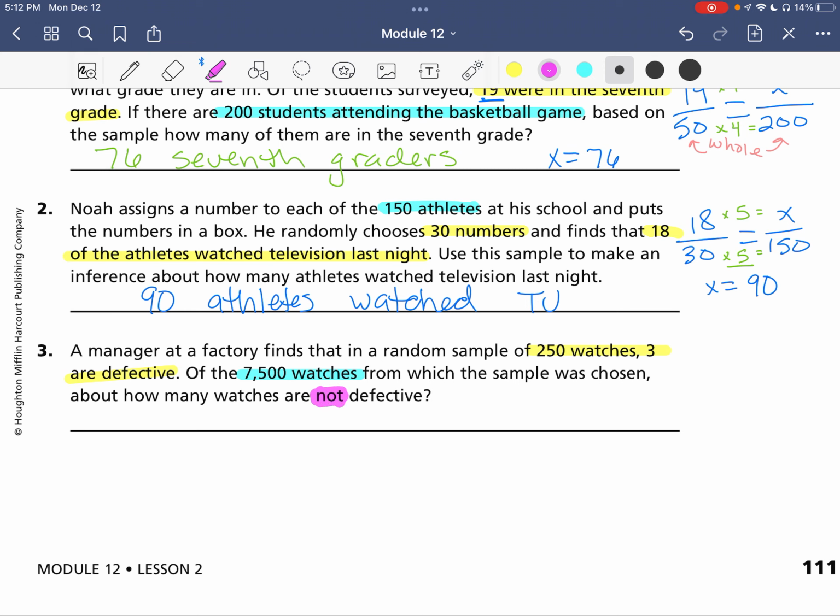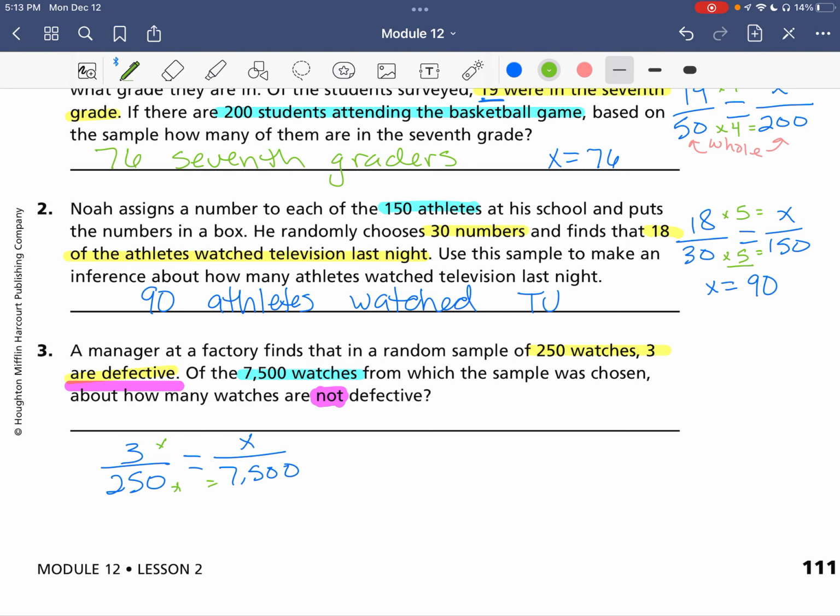So we're actually going to be finding which ones are defective. So that'll be an extra step at the end there. So let's set up our proportions. So we have 3 out of 250, not too bad odds there, equals 7,500 over x.